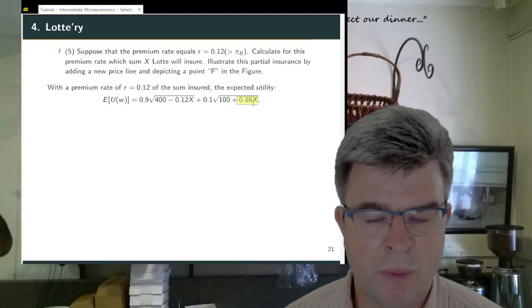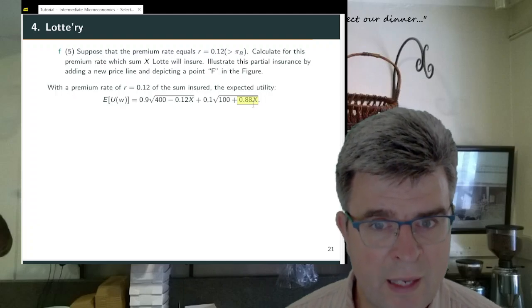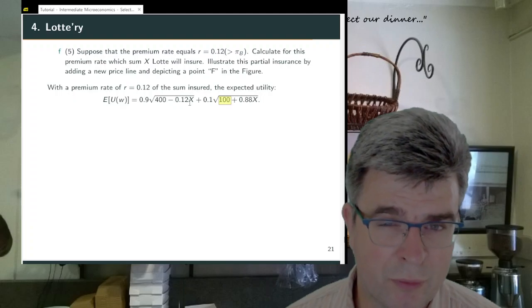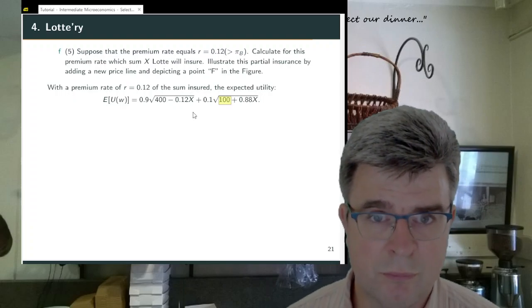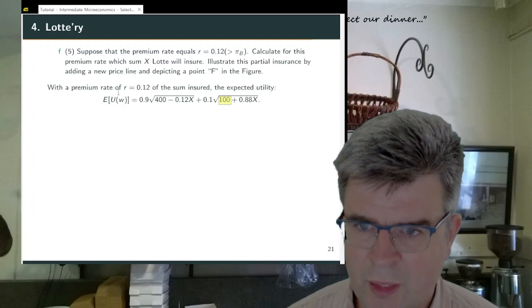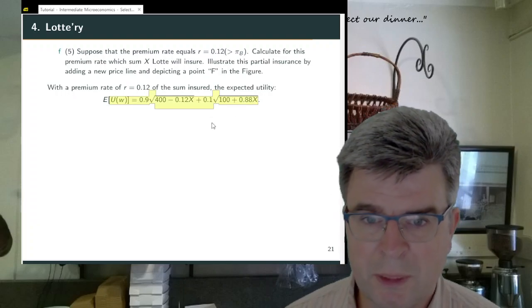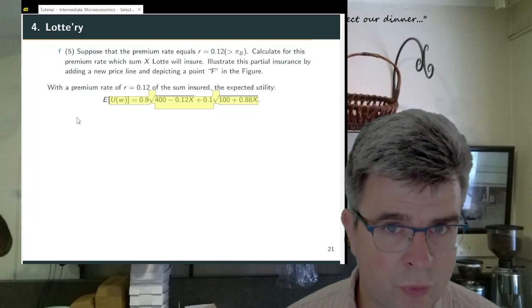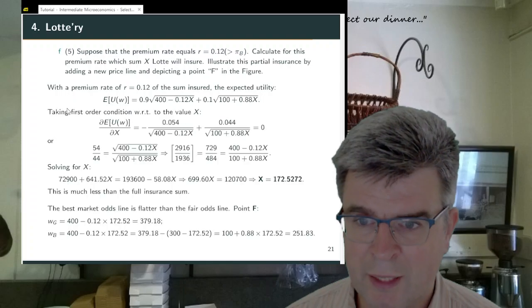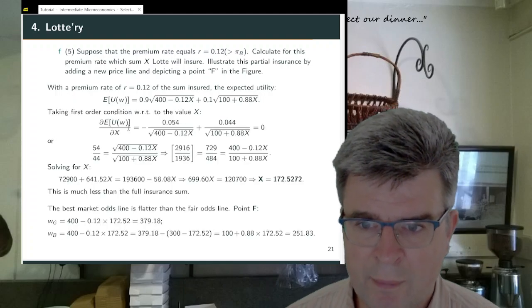So net, she will get 0.88X on top of her final wealth of 100, because she loses the 300 of her initial wealth. Again, this is a crucial expression because now for finding the optimal X, we take the first order condition with respect to X.